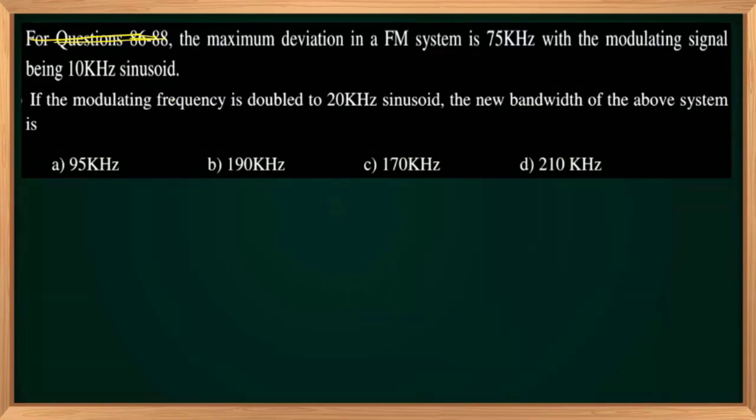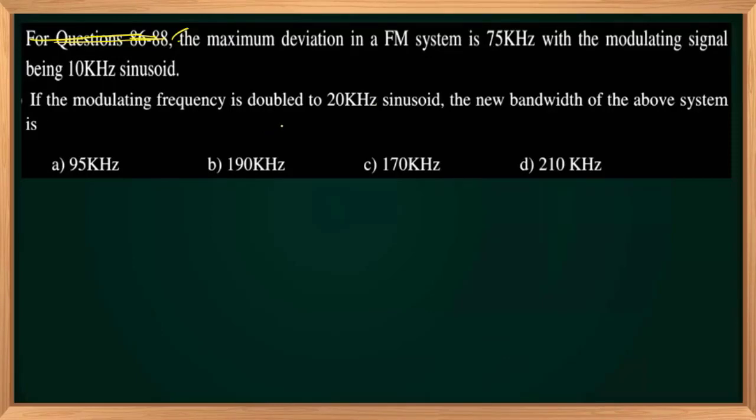This question has the same data. The maximum deviation in an FM system is 75 kilohertz with the modulating signal being a 10 kilohertz sinusoid. If the modulating frequency is doubled to 20 kilohertz, the new bandwidth of the above system is?